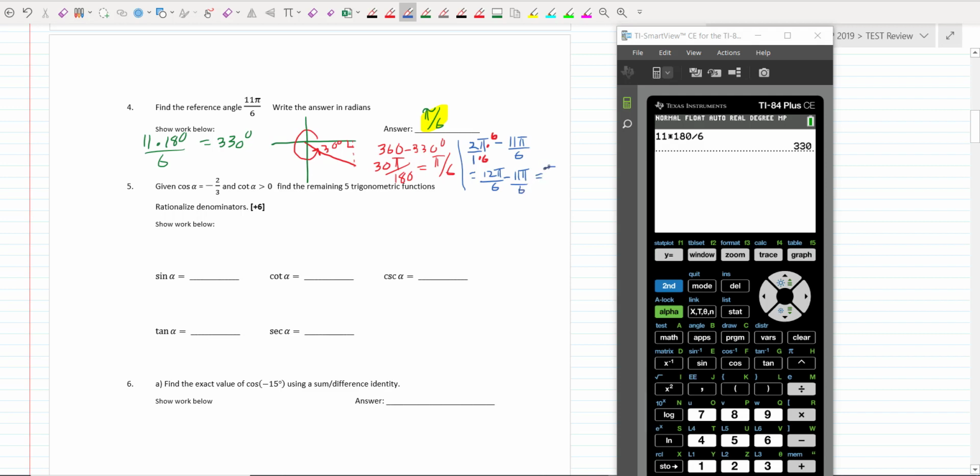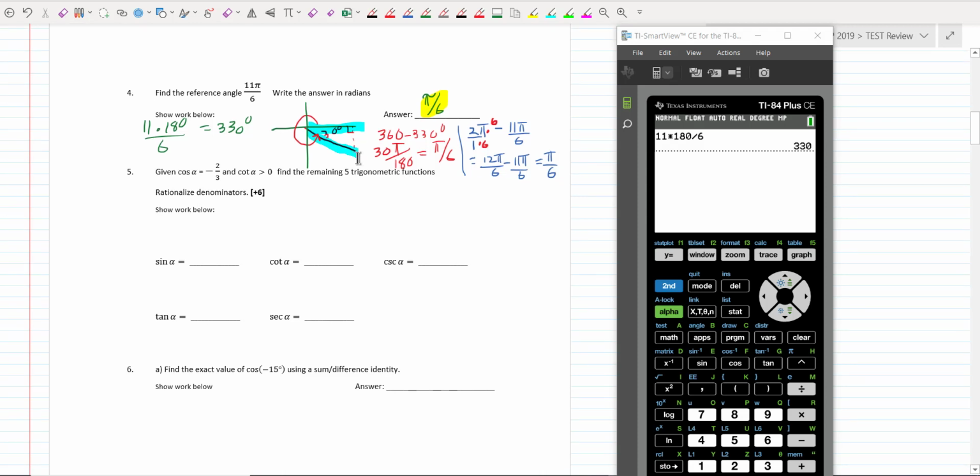So that gives pi over 6. So you can just keep it in radians if you want to. But you want to remind yourself of what reference angles are and how to compute those, depending on the quadrant. The key thing to remember is a reference angle is always between the x-axis and the terminating ray of the angle.